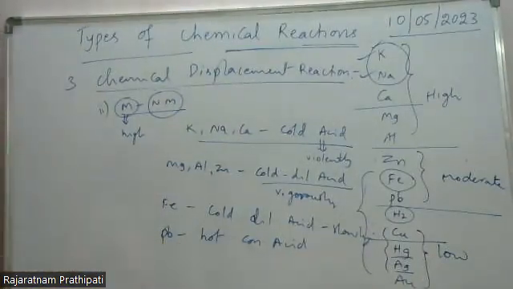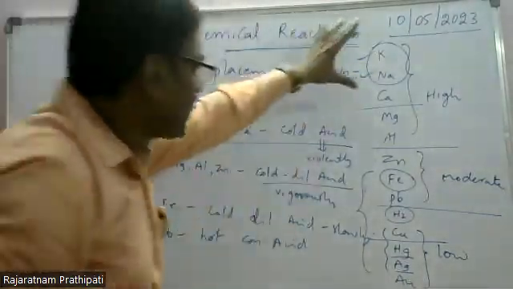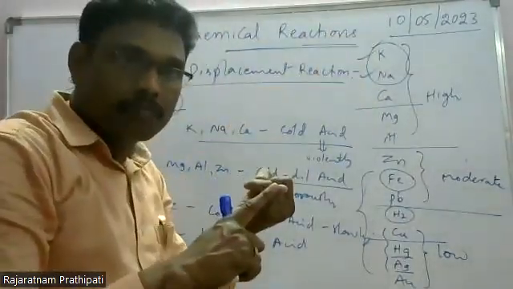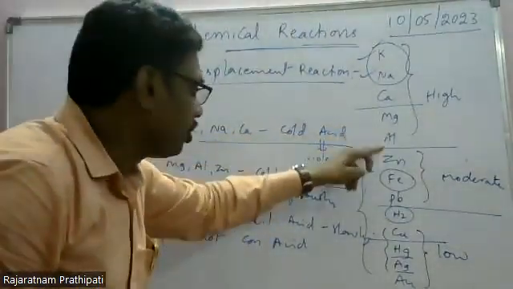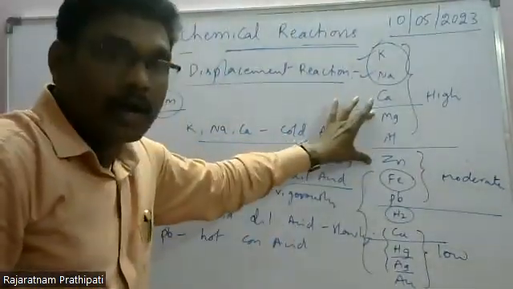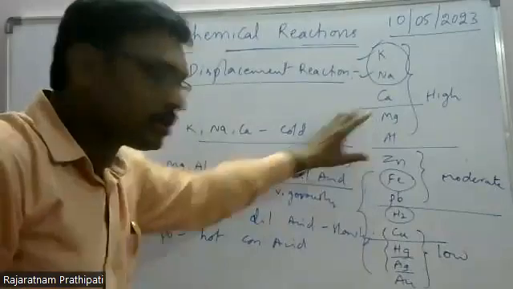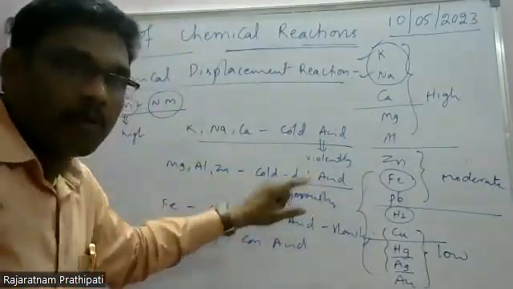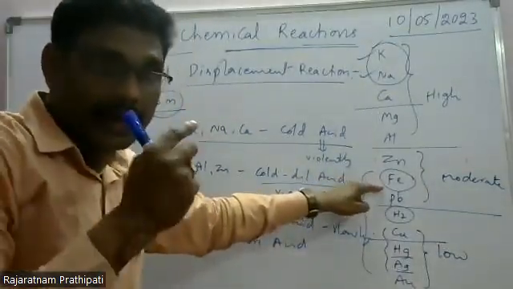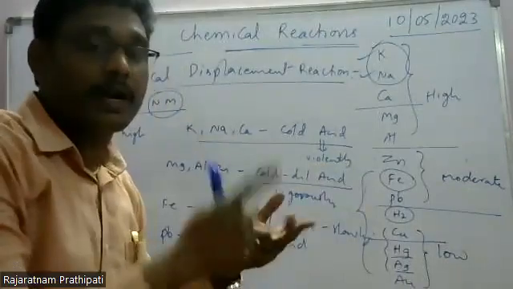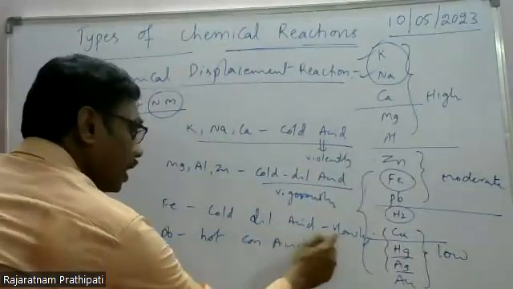Remember the points. Potassium, sodium, calcium can displace hydrogen from cold water as well as cold dilute acids. Magnesium, aluminum, zinc can displace hydrogen from steam but not cold water, and from cold dilute acid with less vigorous reaction than these three metals. Iron cannot displace hydrogen from cold water and steam, but it can displace hydrogen from cold dilute acid slowly.